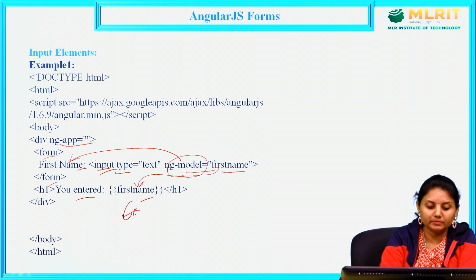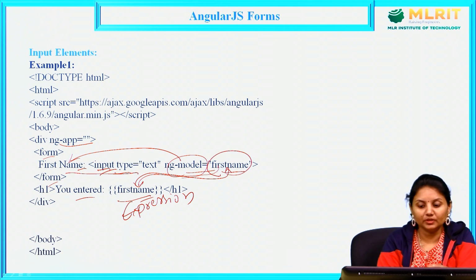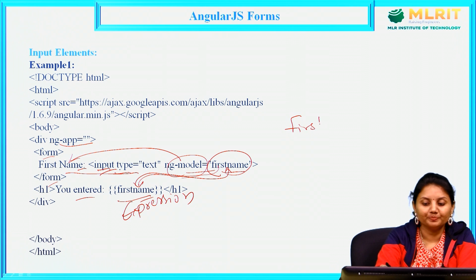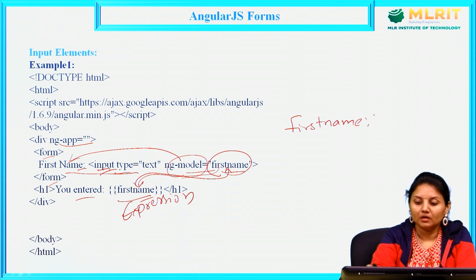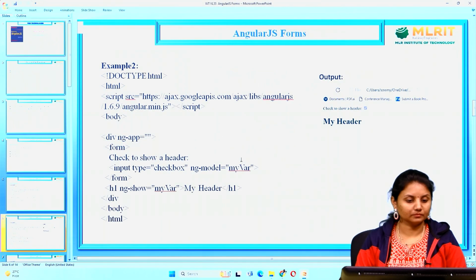This is the expression. In this expression, the first name you have given is used here. Whatever input you give, the output will be first name, some text, and the input. That input will be printed here. Let us see this.